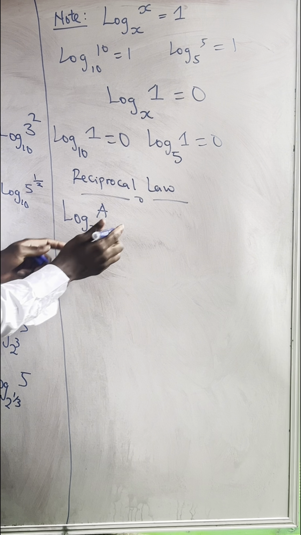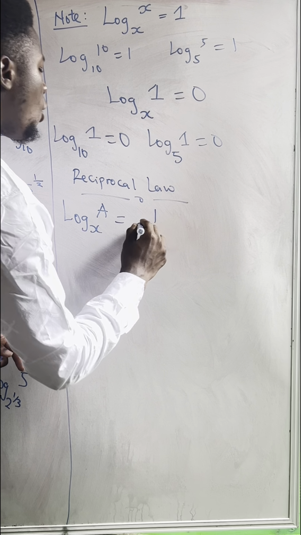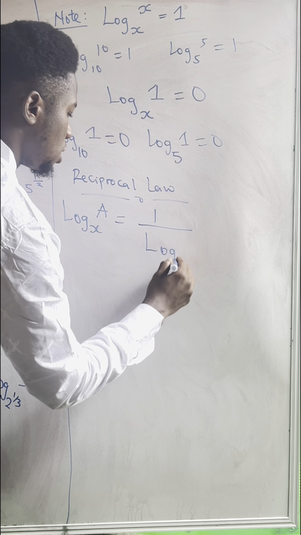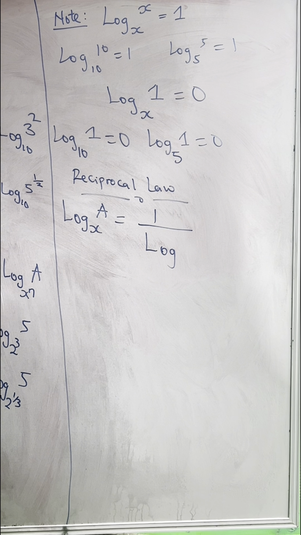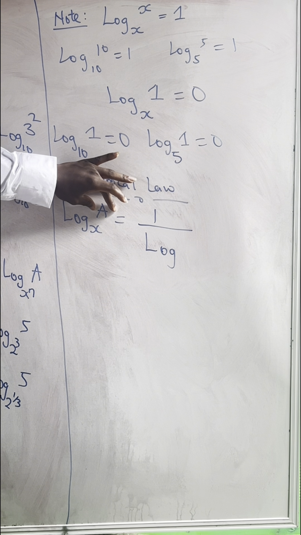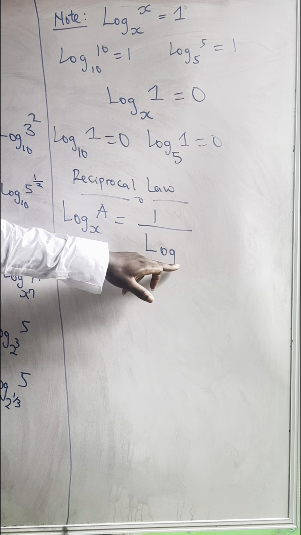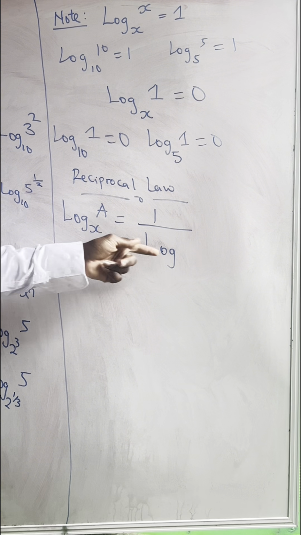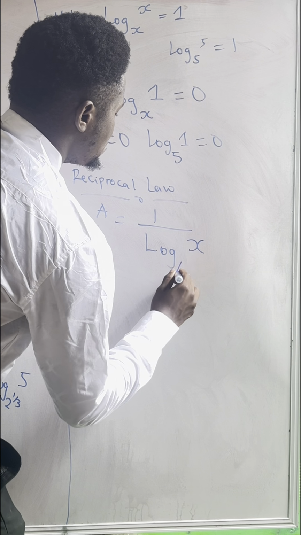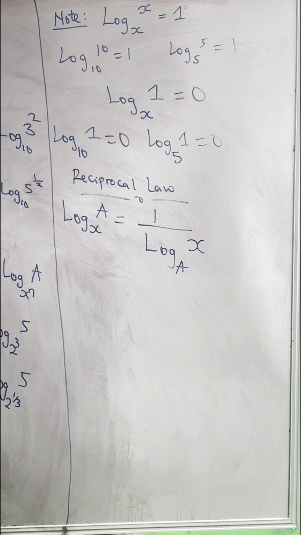Log A base x will be equal to 1 over log, but now the original logarithm number will become the base, and the base will become the log. That is what the reciprocal law is talking about.